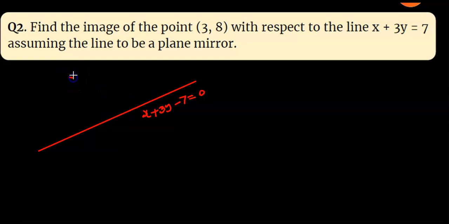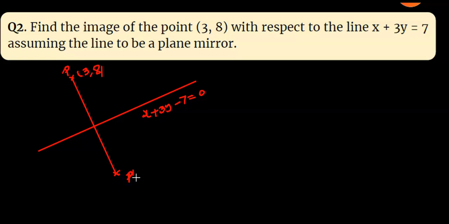This is the point 3 comma 8. When you drop a perpendicular from this point 3 comma 8, and mark the end of the perpendicular, this end is the image of the point P. Let us take the image as P dash.